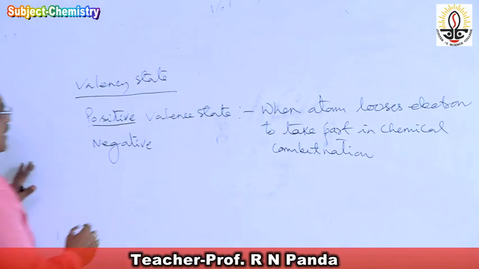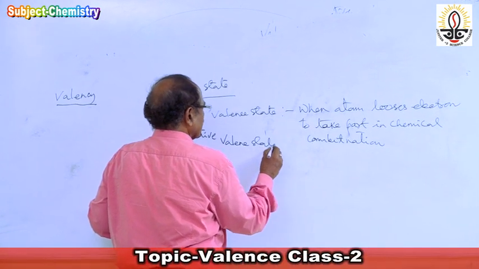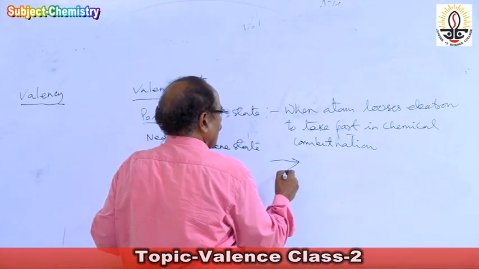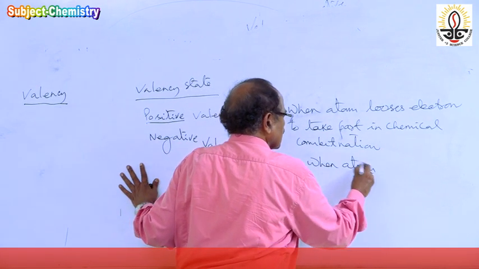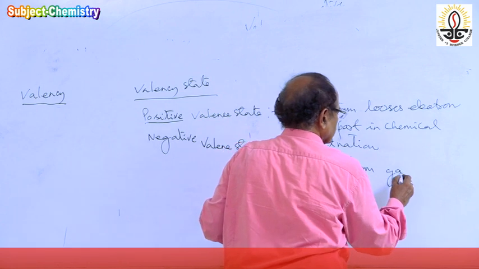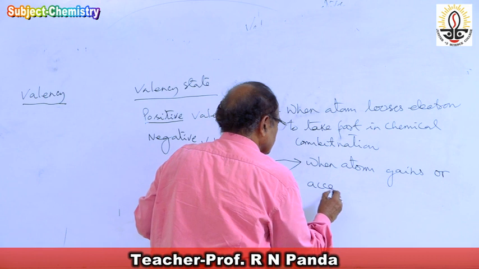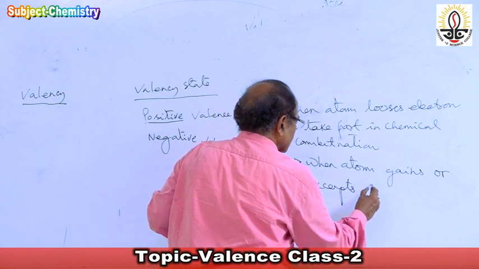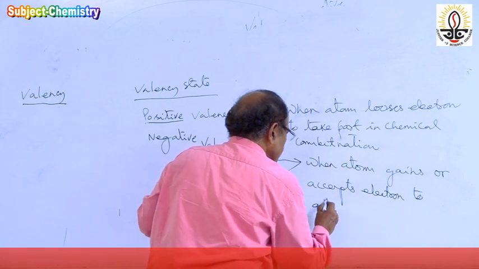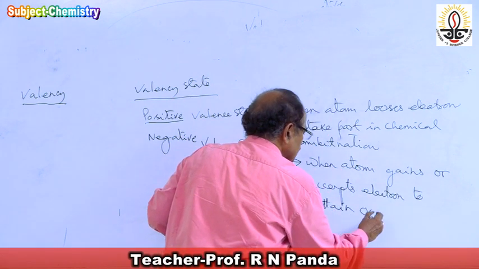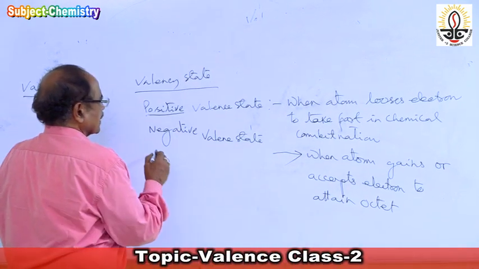Now the negative valency state: when the atom gains or accepts electrons to attain an octet, it exhibits a negative valency state.